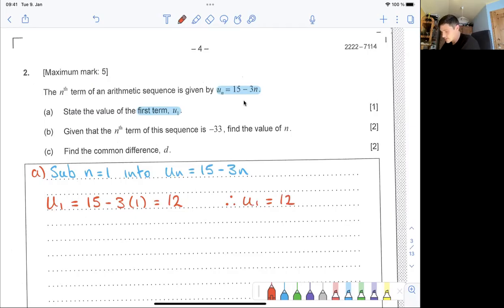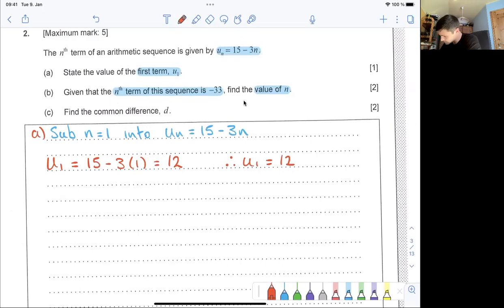So, given that the nth term of the sequence is negative 33, we've got to find the value of n. We're told that un is equal to negative 33 and we've got to backtrack, essentially doing the opposite to what we did in part A. We've been given the value of the nth term, and we've got to unravel it.